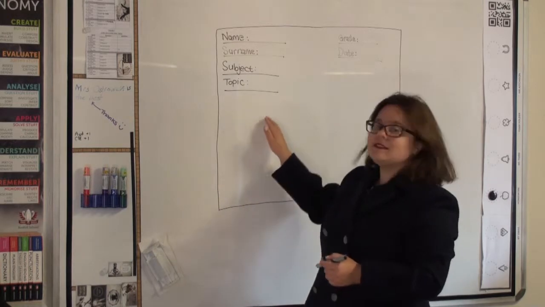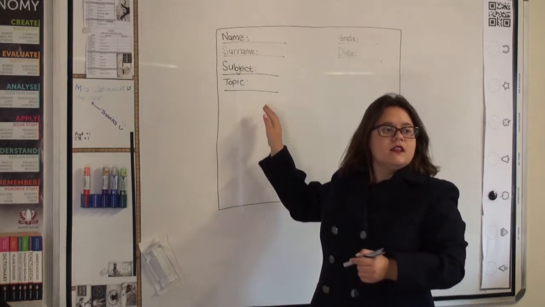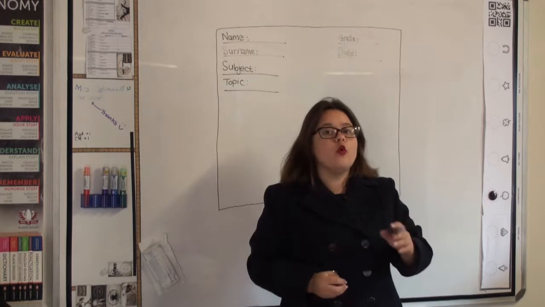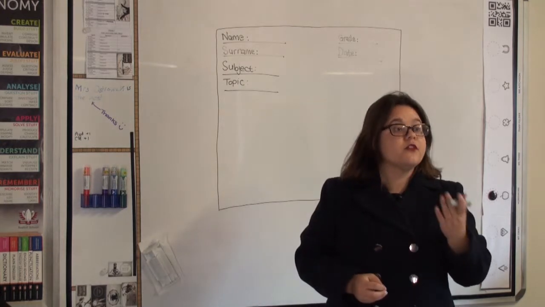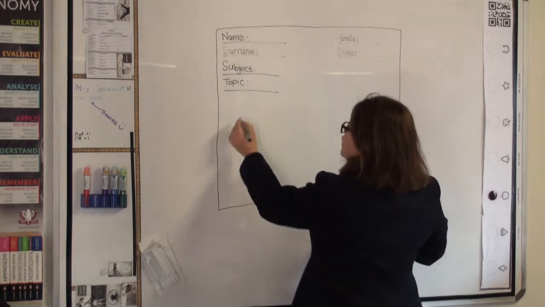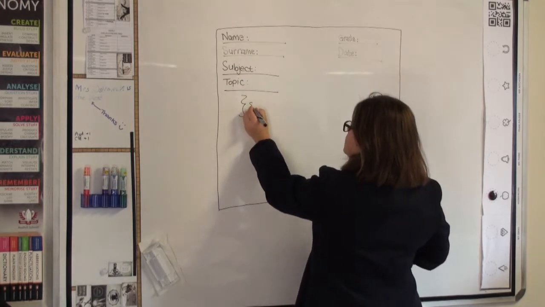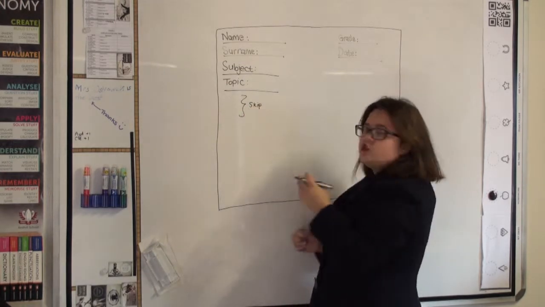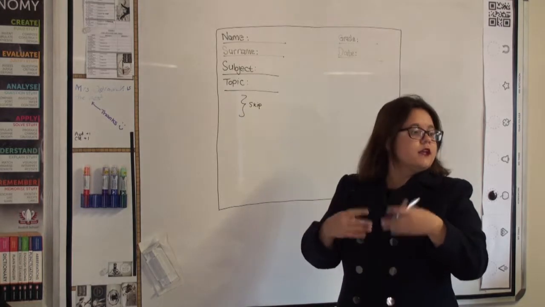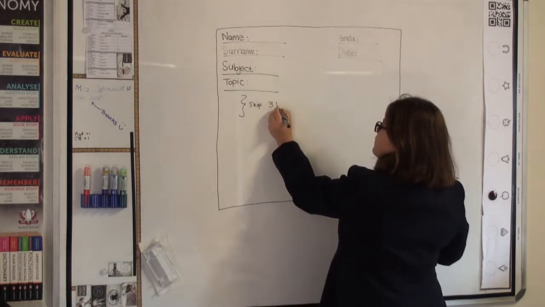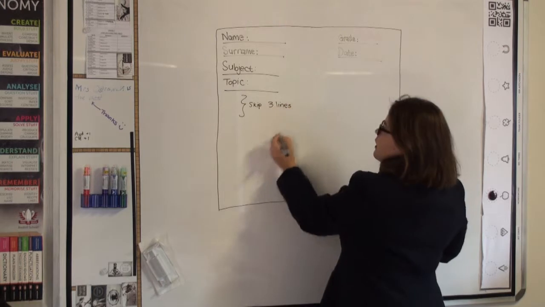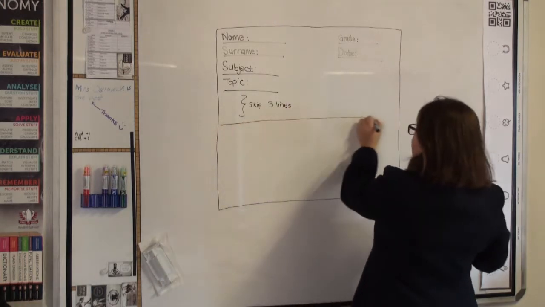Then you'd need to skip 3 lines. This is so that your teacher can record your mark on the cover page, on the front page. Okay? So you skip 3 lines so your teacher can record your marks, or maybe even give a little comment. Okay, then you rule off.